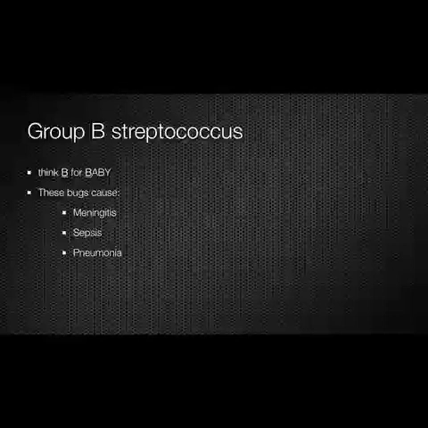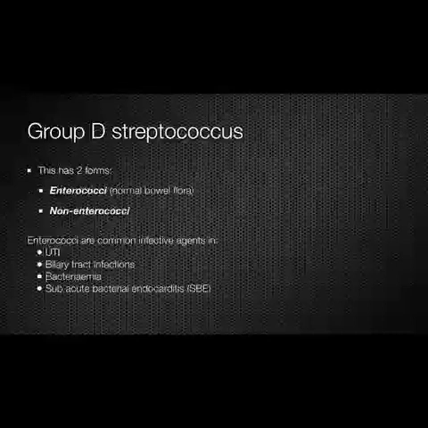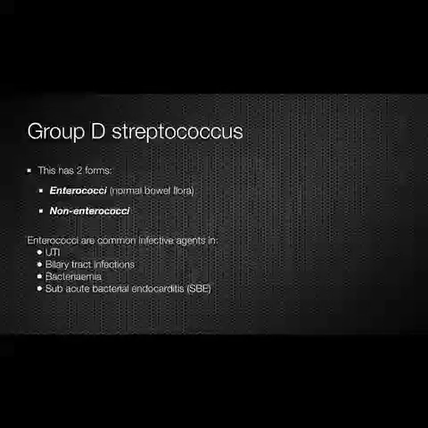Okay. Right, so group D Streptococcus has two forms, enterococci, which makes up a large proportion of normal bowel flora, and non-enterococci. Okay, so enterococci is a common infective agent in UTIs, biliary tract infections, bacteremia, and subacute bacterial endocarditis.